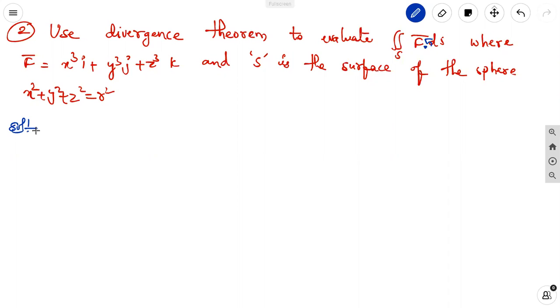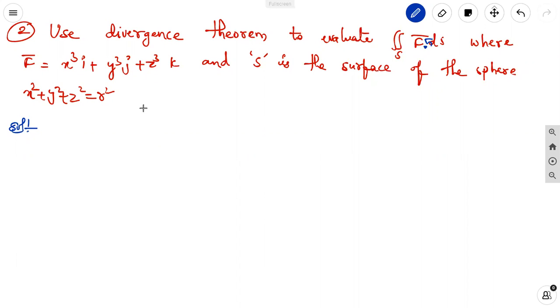Why? Because the integral is related with the surface to volume, means in the volume, three variable values are there, that is x, y, z. But here we can transfer to r square minus the limits, z limits from minus of under root of r square minus of x square plus y square.